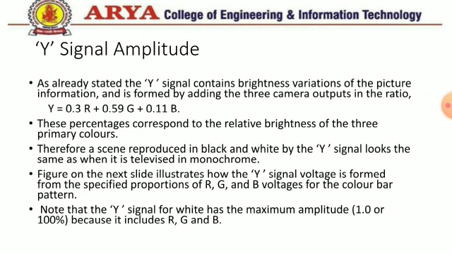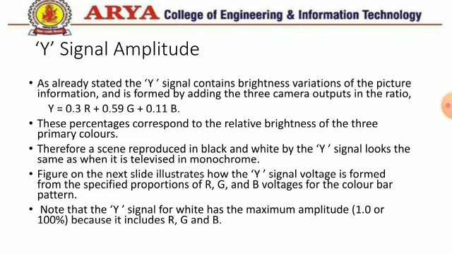As already stated, the Y signal contains the brightness variation of the picture information and is formed by adding the three camera outputs in the ratio Y equals 0.3 R plus 0.59 G plus 0.11 B. These percentages correspond to the relative brightness of the three primary colors.